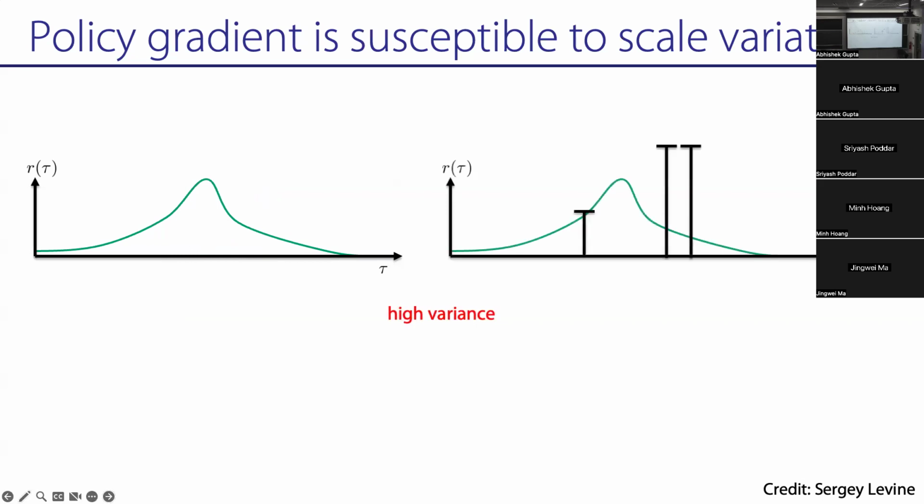if you add a constant to everything, right? What's going to happen is that all things are being pushed up, right? So you're saying that things on the right are being pushed up and things on the left are also being pushed up. And what's going to happen as a result is that your trajectory distribution is only going to move a little bit, right?